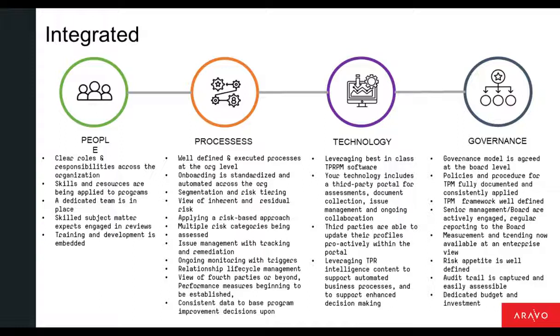As you then start to progress into an integrated state, there's a totally different set of stakeholders that tend to become critical at that stage. As Kimberly mentioned, and we'll go through it here, it's a lot more of your technology stakeholders within the business. It tends to bridge into the procurement and sourcing platforms that you will already have, that highly likely have been in place for a lot longer than your third-party risk management program.